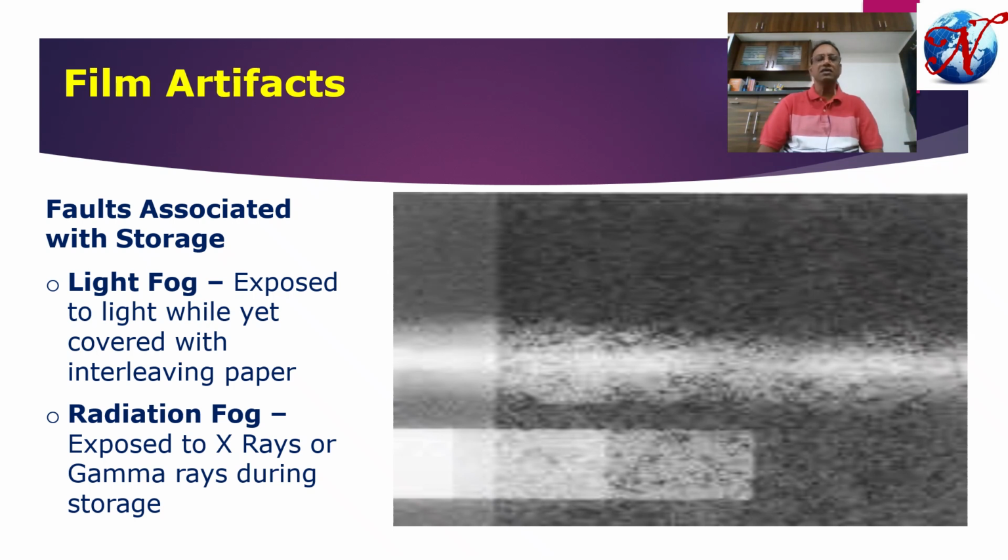So first of all, the types of film artifacts, that is light fog and radiation fog. Light fog and radiation fog are the first film artifacts that can appear in your radiographic film.